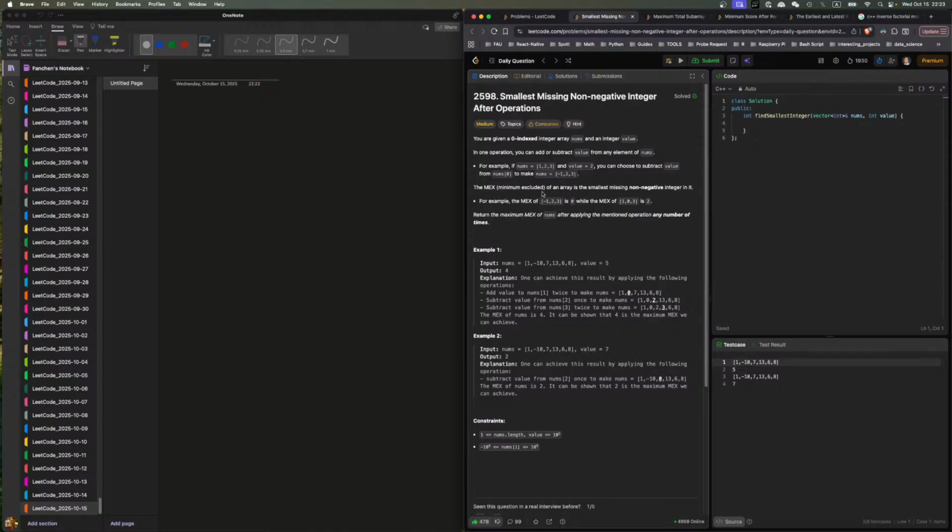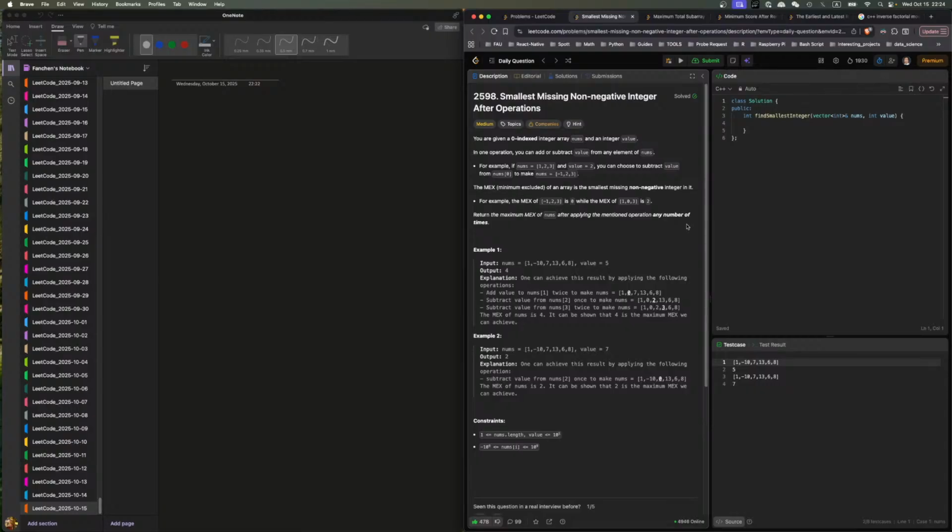The minimum excluded of an array, the MEX, is the smallest missing non-negative integer in it. So the smallest missing non-negative integer is 0, while this is 2. Return the maximum MEX of nums after applying the operation any number of times.